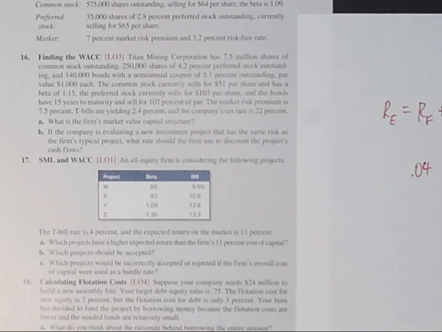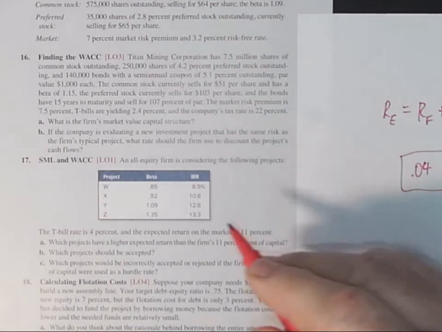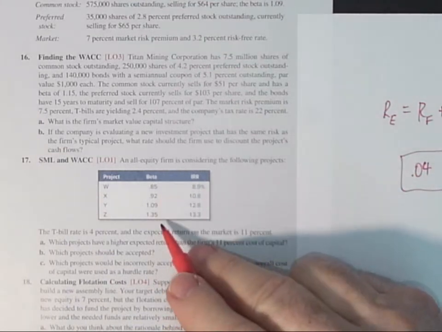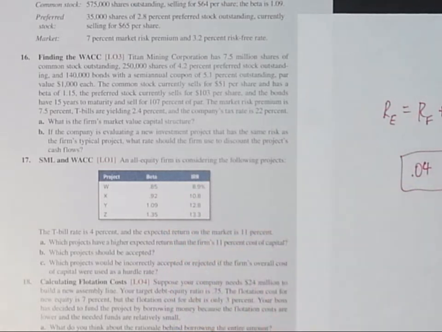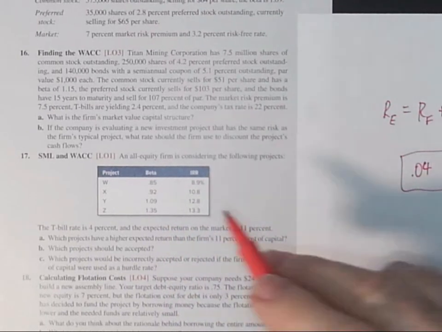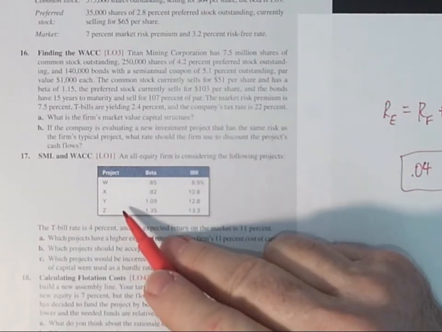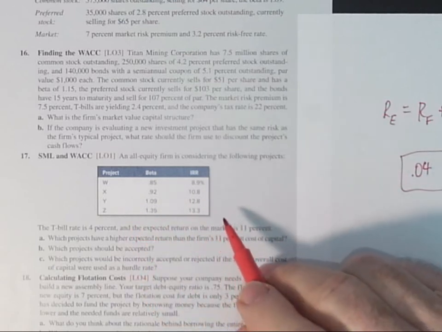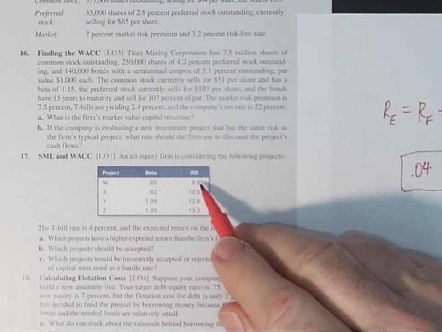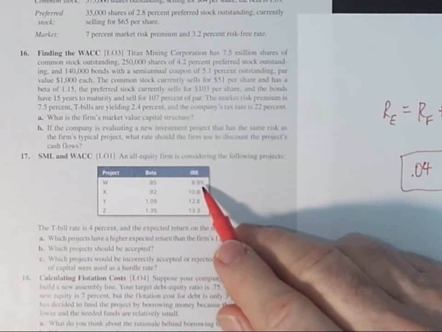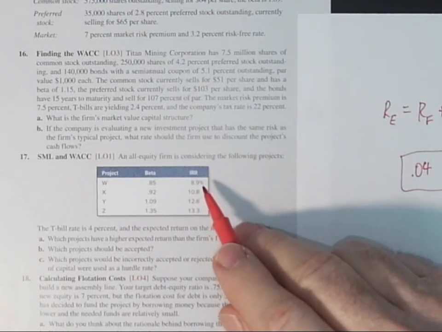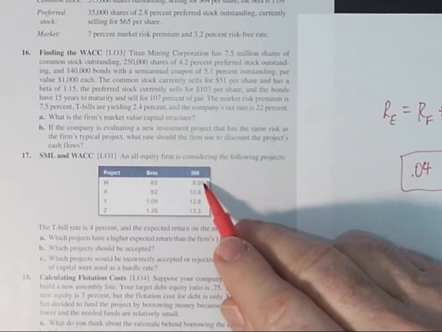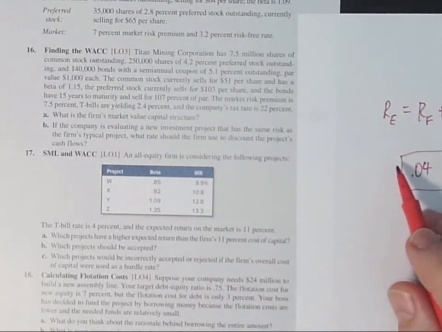And so what you need to do is substitute in this same structure each one of these individual betas and calculate what the required rate of return would be for each one of these. And ultimately, you're going to compare that required rate of return to the internal rate of return that that project would generate. And it needs to have an internal rate of return that's larger than what you would calculate here.